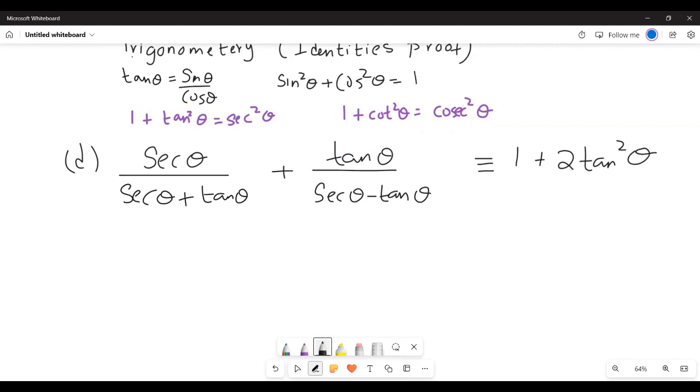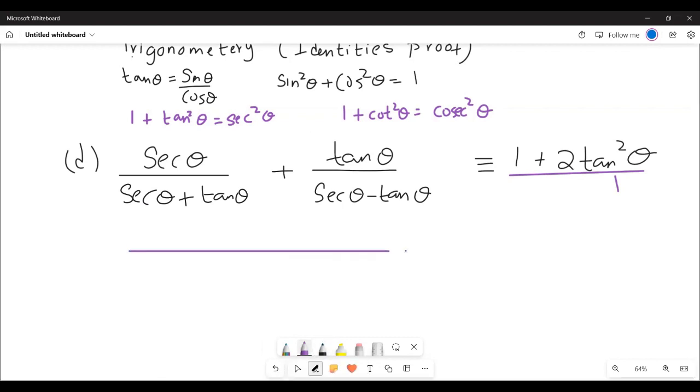Now we have two fractions at the left hand side, but a single fraction at the right hand side. So what we can do is take the LCM at the left hand side and change it into a single fraction. Let's start there. So we have secant theta plus tan theta times secant theta minus tan theta. Again, the property a plus b times a minus b is a square minus b square.